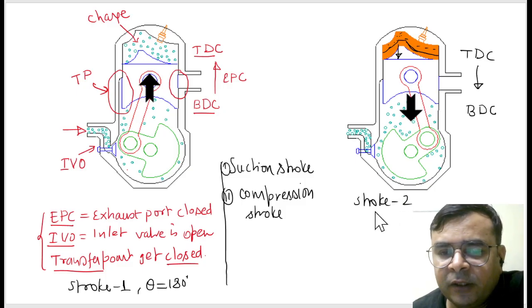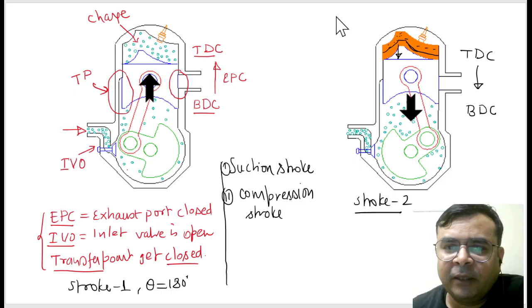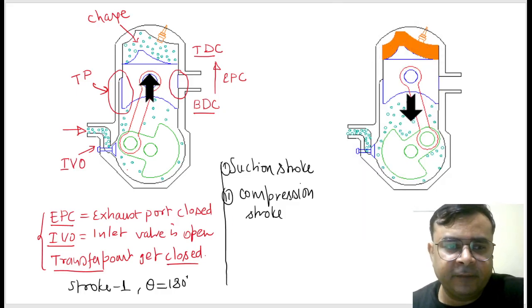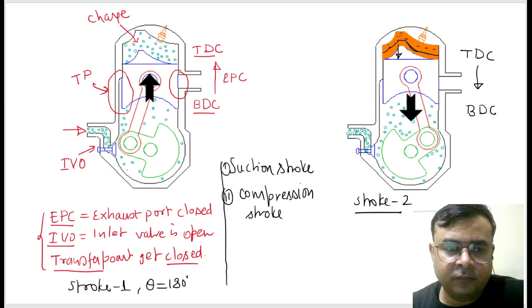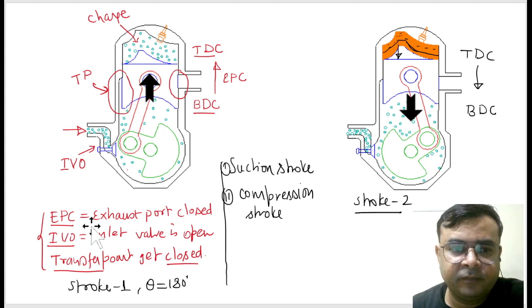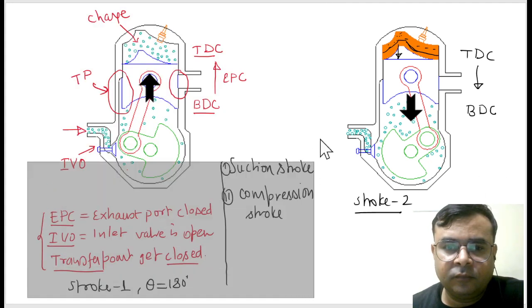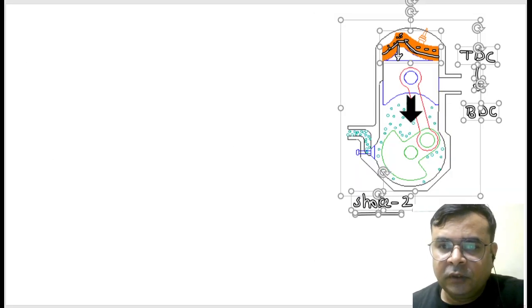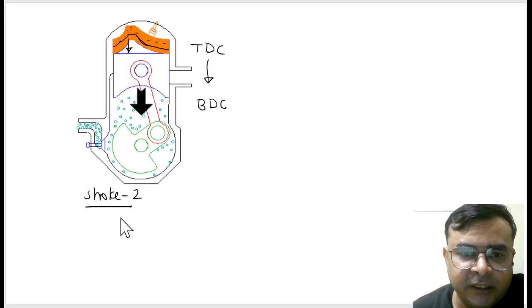This is stroke number 2, and of course here we don't have any space, so I'm writing this explanation in the next slide. Okay, so you can see here. This is stroke number 2, in which the piston is moving from TDC to BDC.